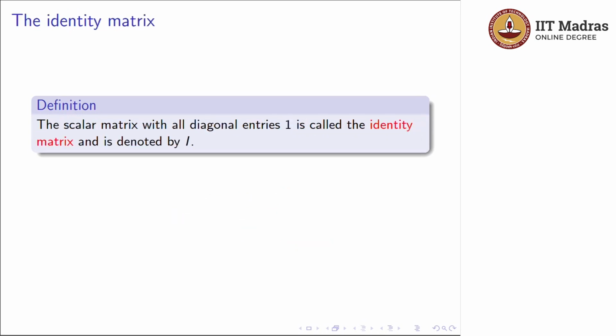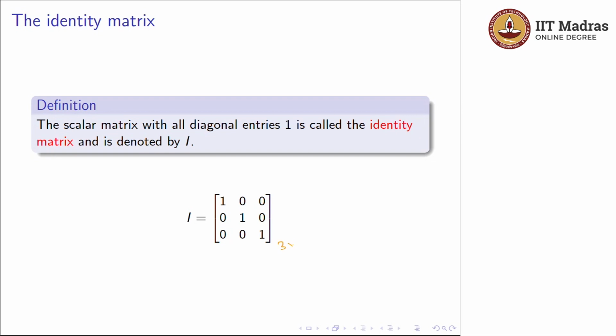An even more special case is where you have a scalar matrix in which the diagonal entries are all 1. This is called the identity matrix. This is something very important, and it has a special notation. It is denoted by capital I. Here's what I is: 1 0 0, 0 1 0, and 0 0 1.